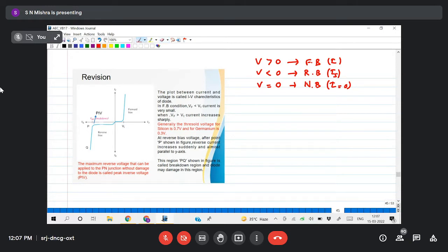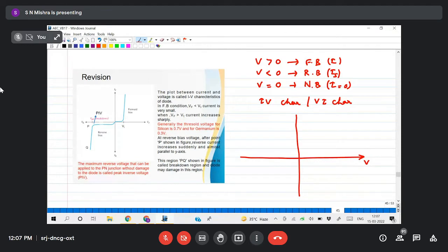Now, the current and voltage relationship can be represented by a graph which is called IV characteristics or VI characteristics. For that, I'll take two axes.